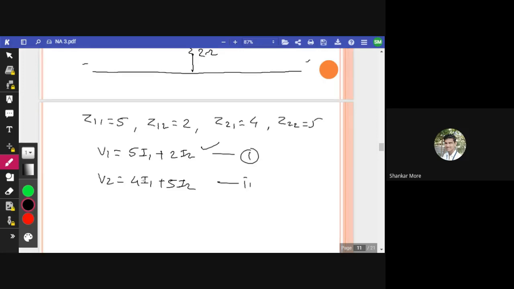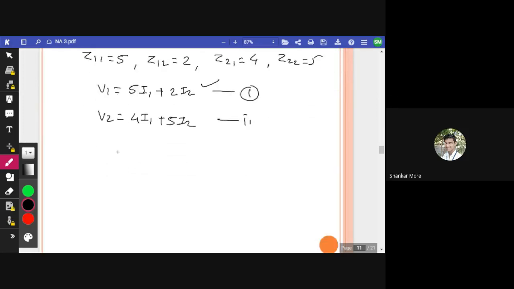So how do we do that? See, 5 into V1, sorry, it should be 5V1 is equal to 25I1 plus 10I2. This is my third equation. Now I multiplied this equation by 5. I'll multiply this equation by 2.